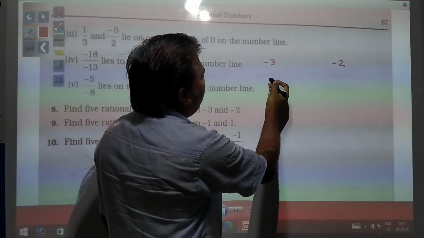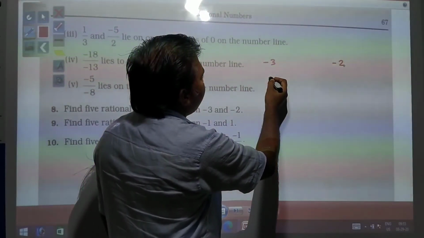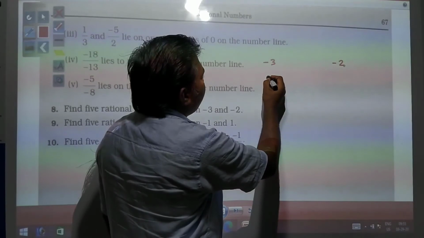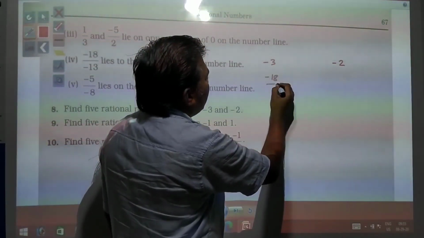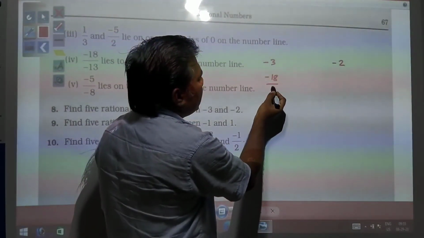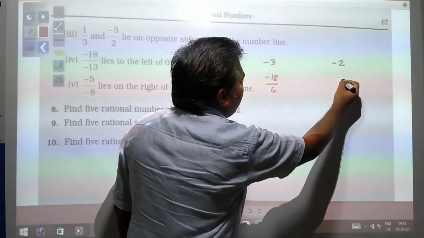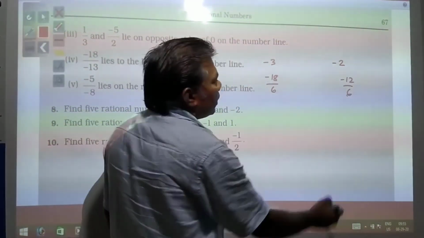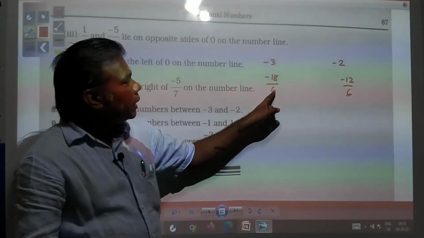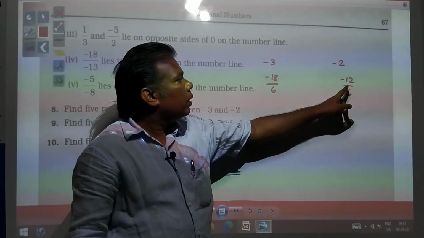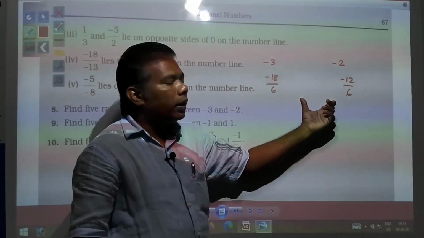Minus 3 can be written as minus 18 by 6, and minus 2 by 6 can be written as minus 12 by 6. Just you see, 6 threes are 18 and 6 twos are 12.